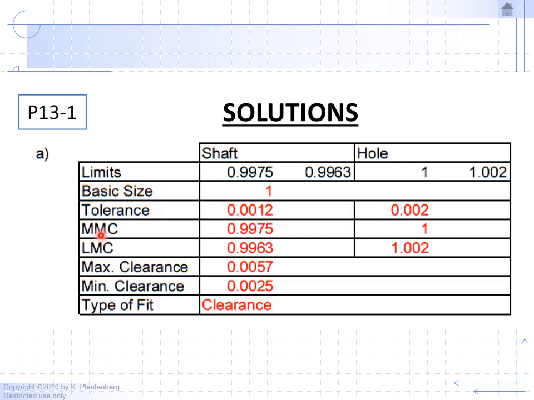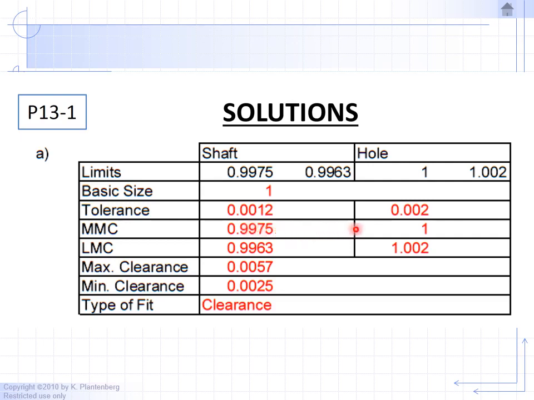All right, for maximum material condition. If we look at the shaft, maximum material condition is when it's at its heaviest. That's when we have the largest diameter. The larger diameter shaft allowed is heavier than the smaller diameter. So our MMC, maximum material condition, is 0.9975 inches in diameter.